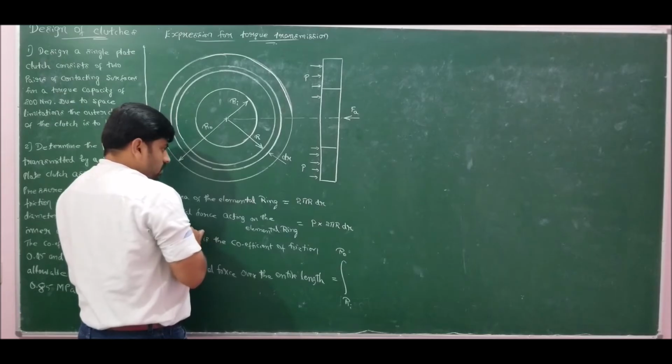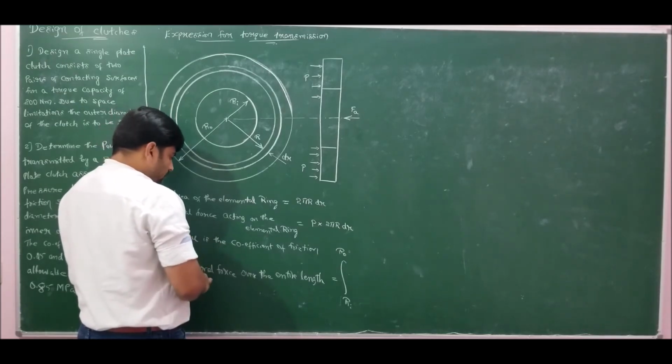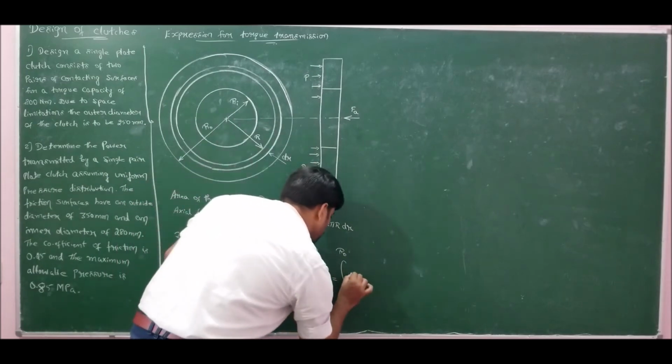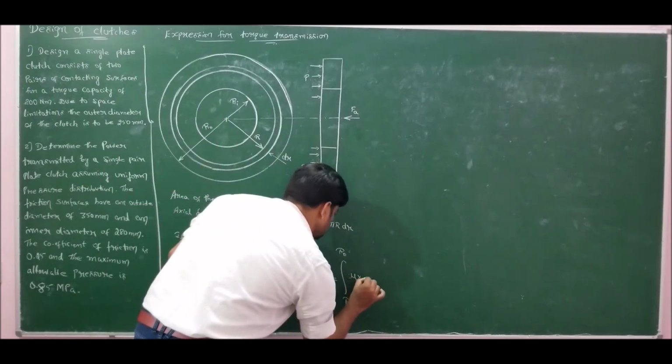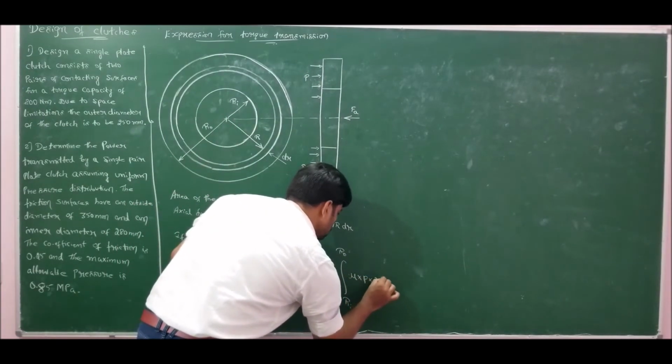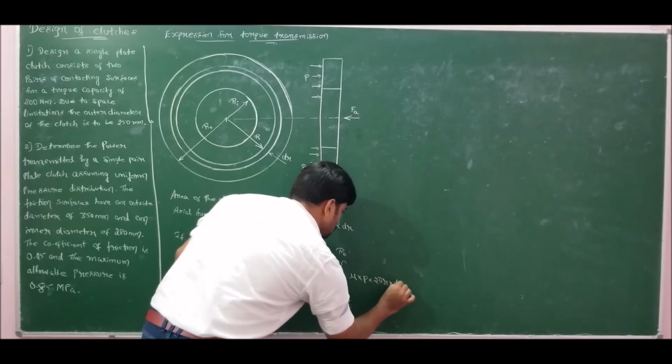If p times 2 pi r dr is the axial force, then the frictional force will become mu into Fa, that is mu into p into 2 pi r into dr.